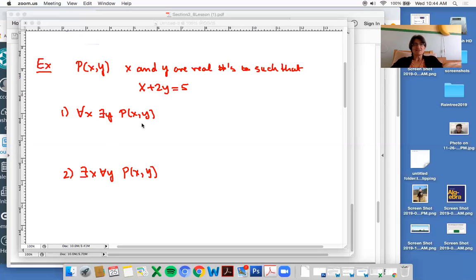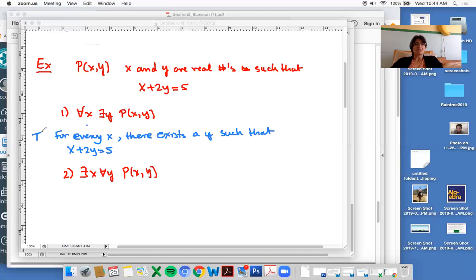Let's see what the first one says. For every x, there exists a y so that this statement is true. It doesn't have to be exactly one y. You could have more than one solution. But for every x, there exists a y such that the equation x plus 2y equals 5 holds.